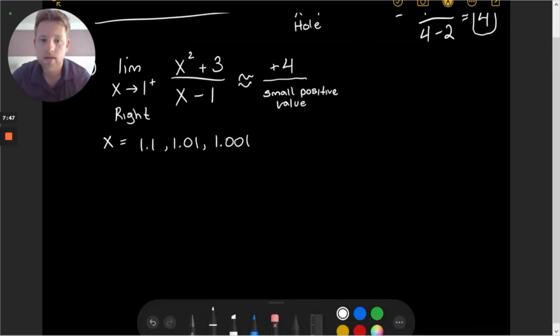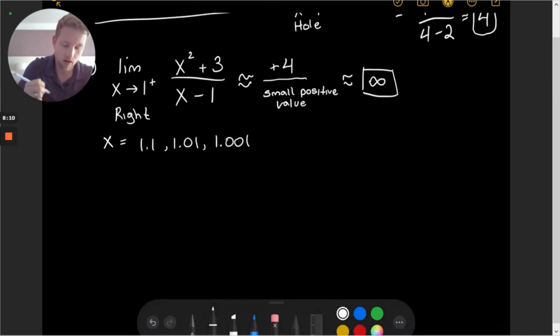And so this ratio is actually going to tend towards infinity. As my denominator gets smaller and smaller, the fraction as a whole is going to shoot up to infinity, in this case, positive infinity. So this is our solution to that limit problem as x approaches 1 from the right side.